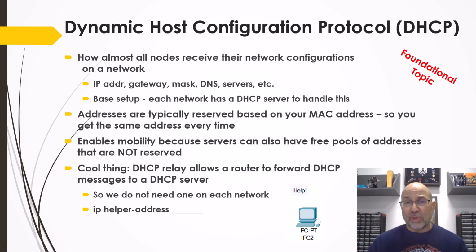The other addresses are what we call free pools of addresses. So it's a list of addresses that you can give out to anybody. So if you are getting an address from the free pool and you connect, you'll get an address. If you leave and then connect again, you might get a completely different address. So these are not reserved. They have nothing to do with you in particular. Now, the nice thing about that is that it allows mobility, right?